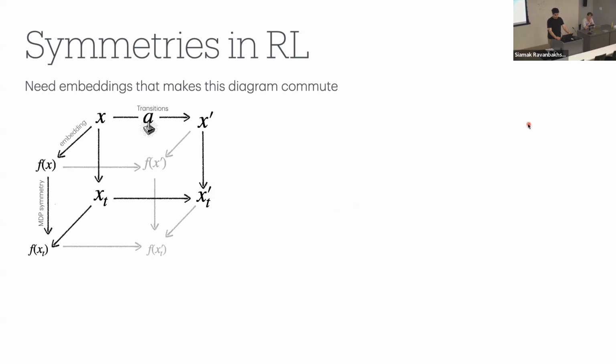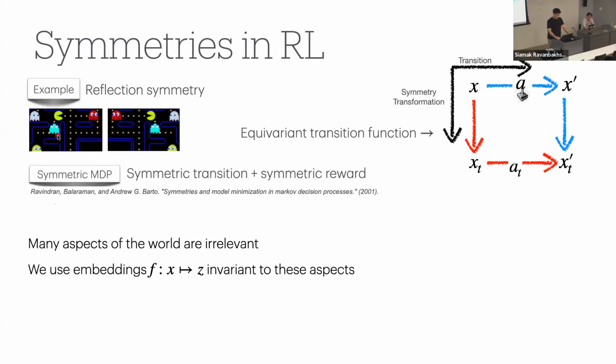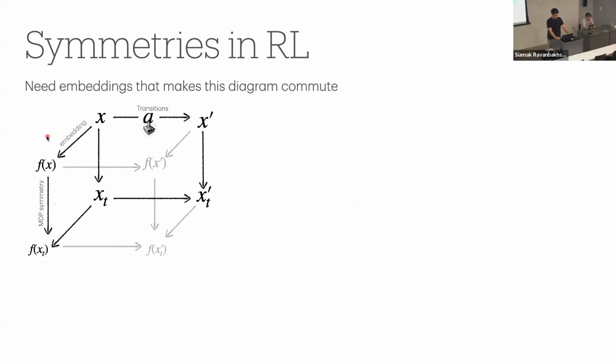Even in the case of Mr. Pac-Man, you had a symmetric MDP and reflection is a linear transformation, so this part is fine. But the transitions in the environment, where Mr. Pac-Man is moving to the left or the right, or you have the ghost moving, those are nonlinear transformations in your input space. And so you can't build equivariant networks for those. So the question is, how do we do this?